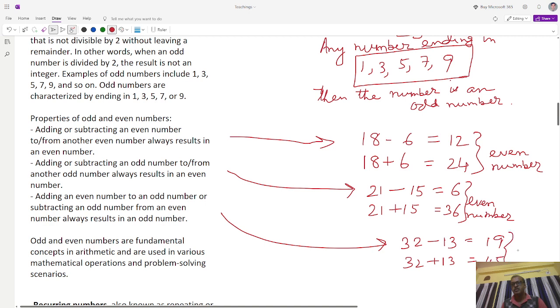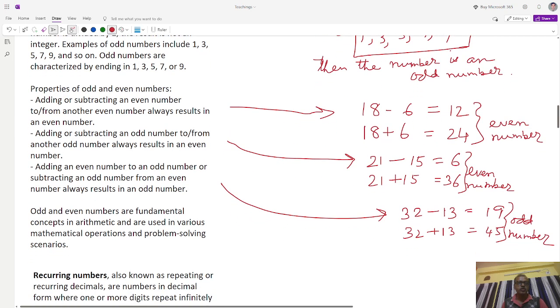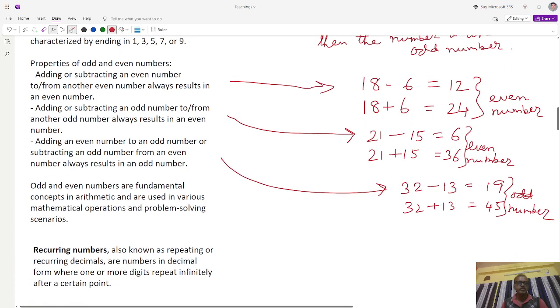These are odd numbers. Right? Odd and even numbers are fundamental concepts in arithmetic and are used in various mathematical operations and problem-solving scenarios.